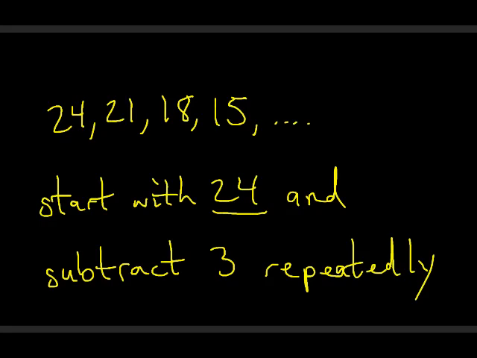Again, if I didn't have the repeatedly, my whole pattern would be start with 24 and subtract 3, and I'd be done right there. I don't want to be. I want it to keep going, so I have to do it repeatedly. There's our rule, which means our next 3 terms are 12, 9, and 6.